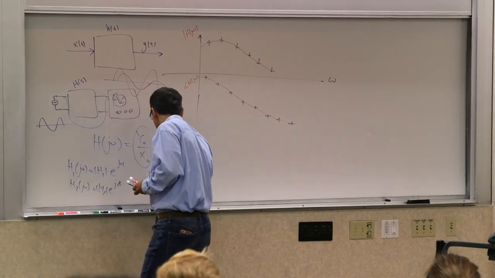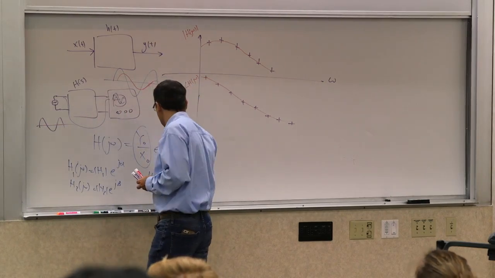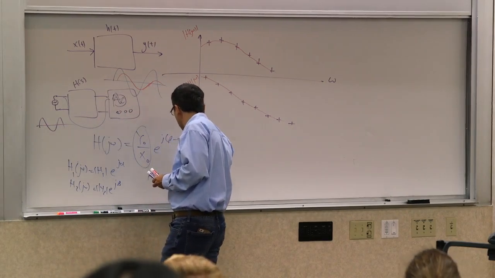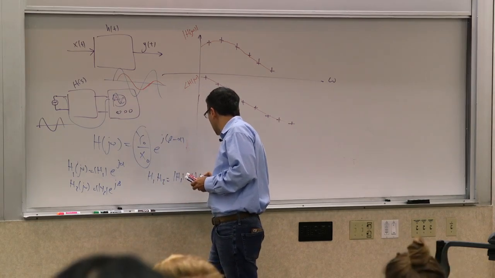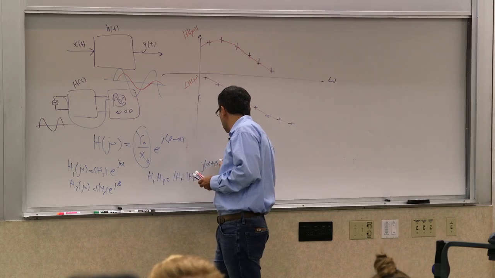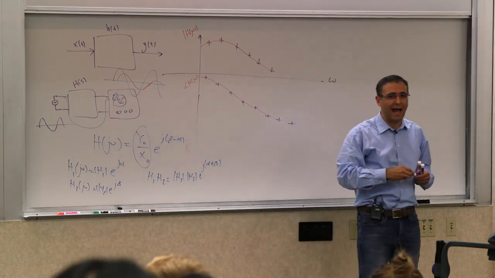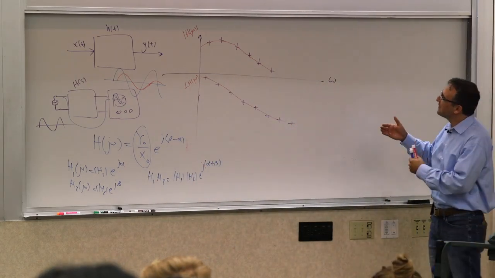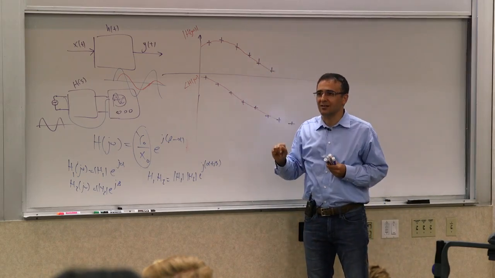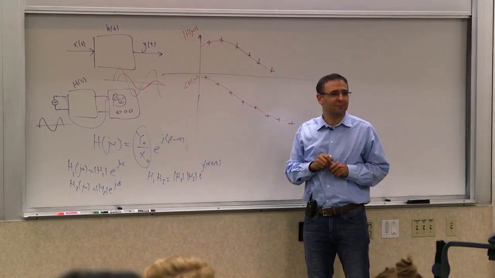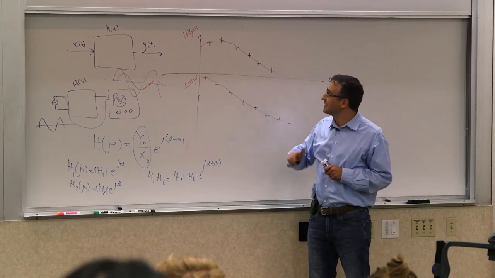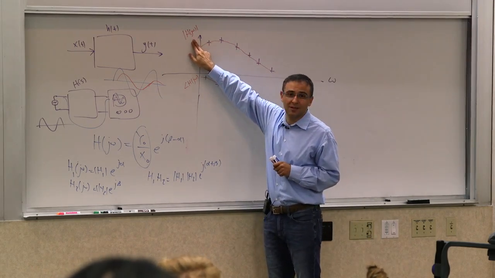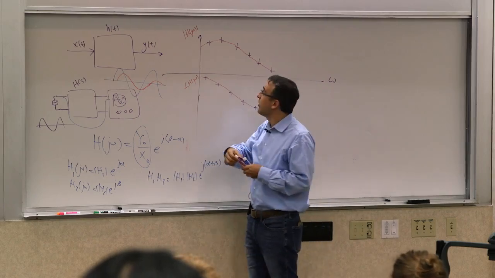Then the product of these two, which is the aggregate response, becomes the magnitude of h1 times the magnitude of h2 and the phase of the two added. So that's good, but multiplying two plots is not easy, right? It's a lot better to add them. So how do you add them? Instead of plotting this magnitude, you plot log of it.